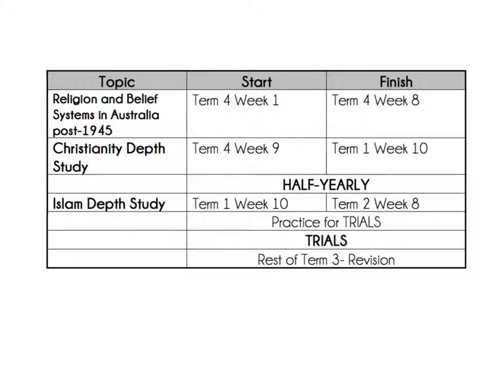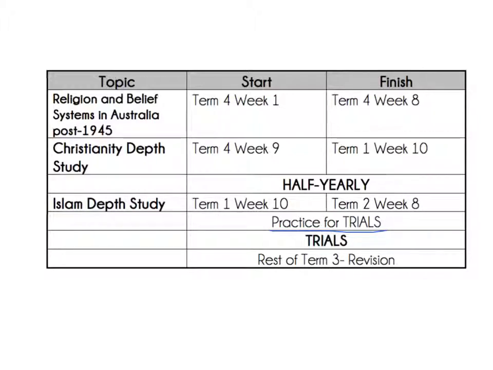At the end of term 2, mainly into term 3, we'll be doing some practice for your trials. Now you can see that there's a few weeks gap, about 2 or 3 weeks. Depending on how much time, this timeline could get pushed down. If we're able to keep on track, you'll get some good time for practice, a good 2 weeks.